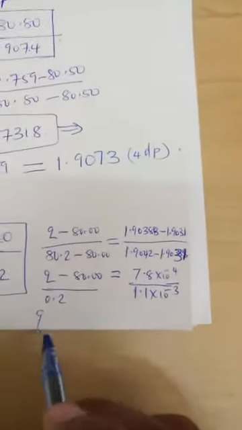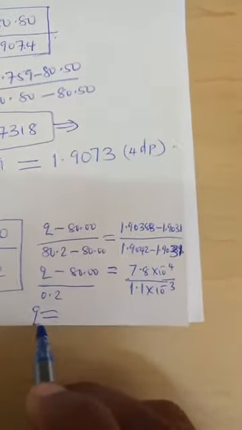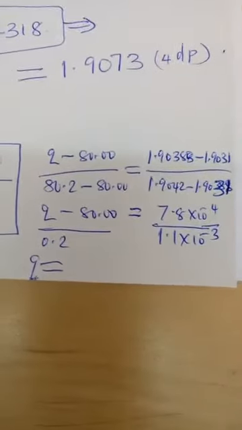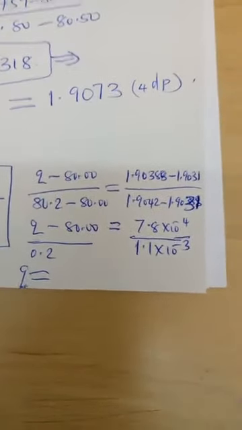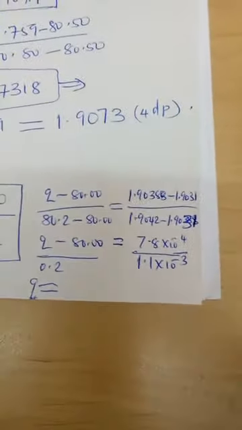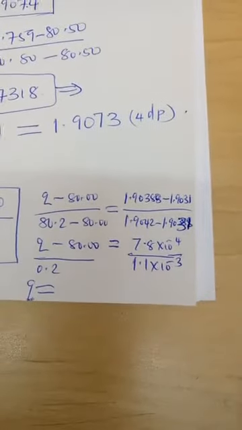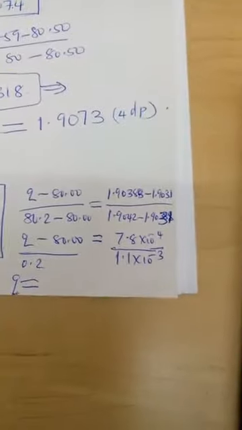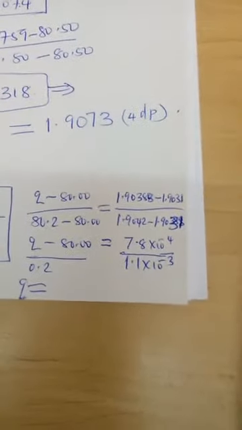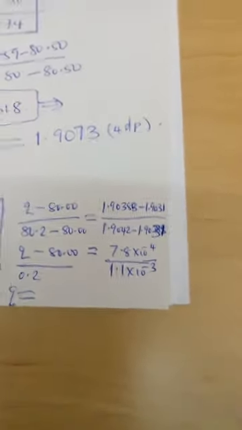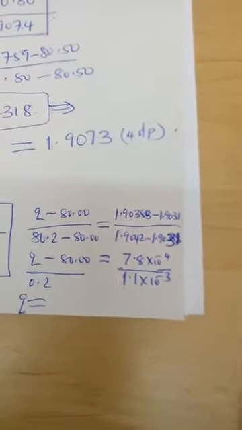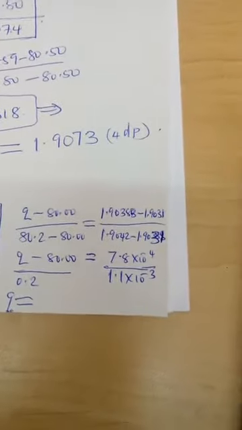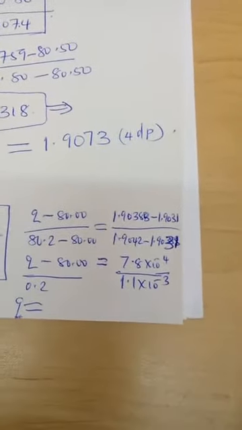So if we summarize this, so that it doesn't go beyond this page, by computing, we'll get our Q as 7.8 exponent negative 4 divided by 1.1 exponent negative 3, and then we multiply this by 0.2, and what we get, we add on 80.